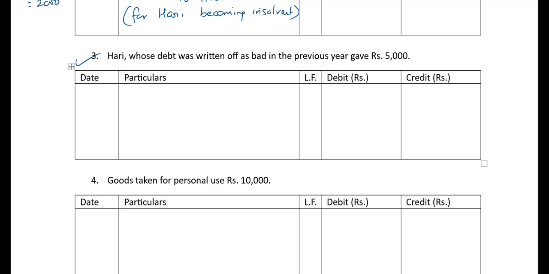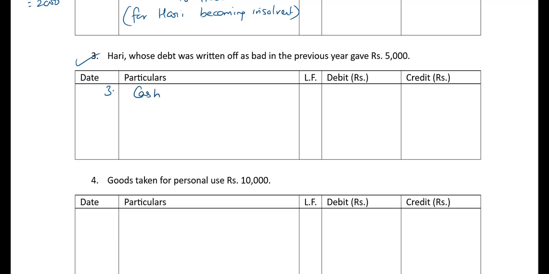Third transaction, Hari, whose debt was written off as bad in the previous year, gave rupees 5,000. So now Hari's account was written off as bad debts in the previous year. Now he is giving us rupees 5,000. Once the debtor's account is written off as bad, the debtor account will not again figure in the journal entry, even if he gives us the amount which has earlier been written off as bad.